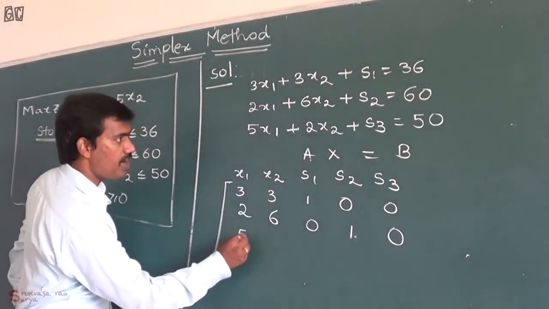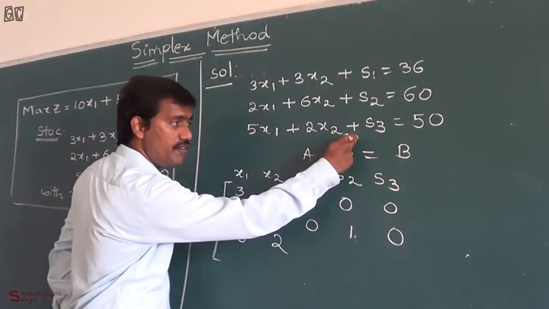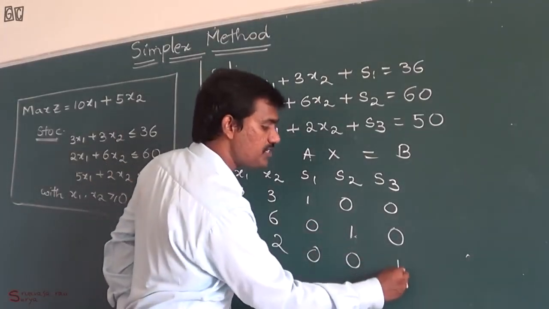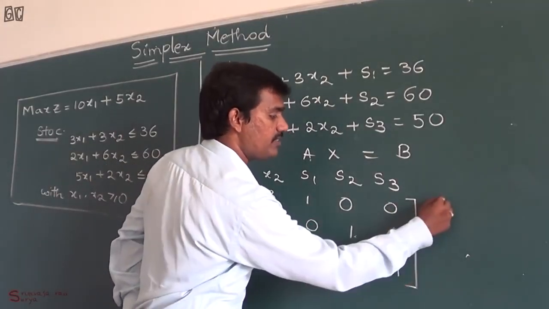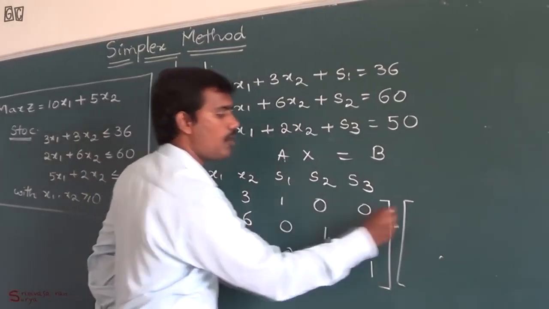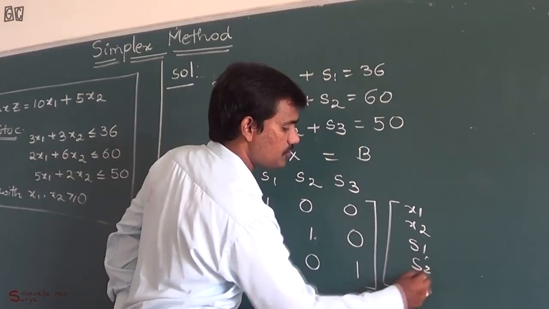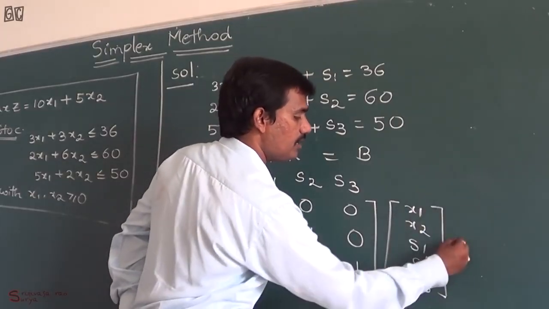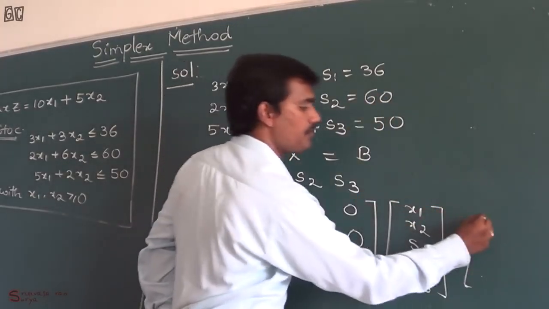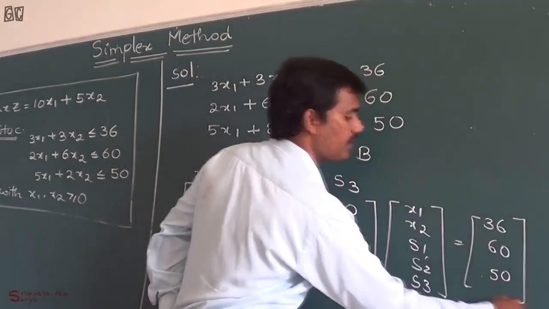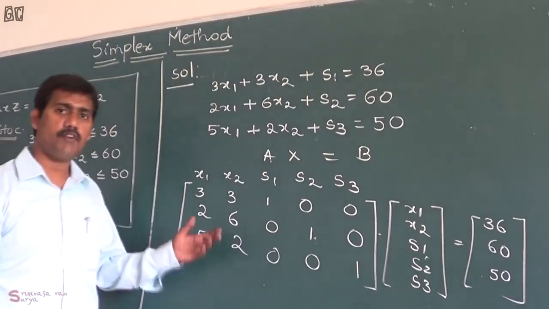And the last one is 5, 2, we don't have s1 and s2, so those are 0, 0, and the coefficient of s3 is 1. This is A, and the variables are x1, x2, s1, s2, s3, with x equal to b, where b is 36, 60 and 50. These are the standard form of matrix.